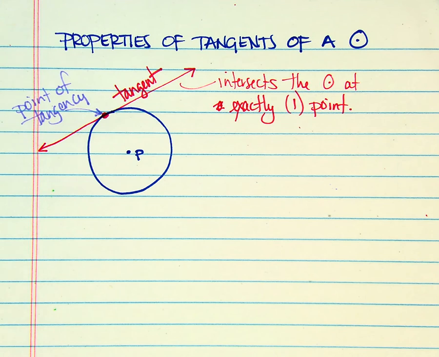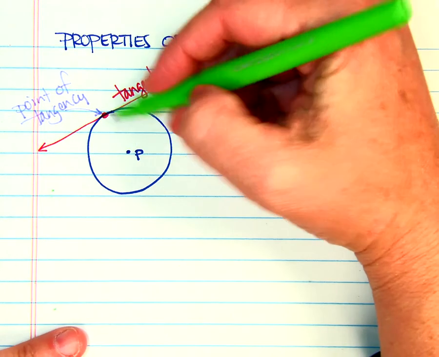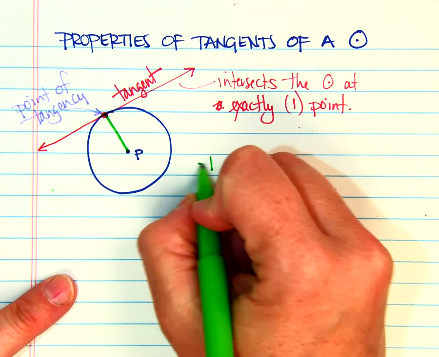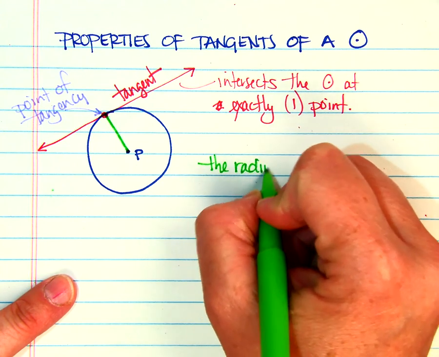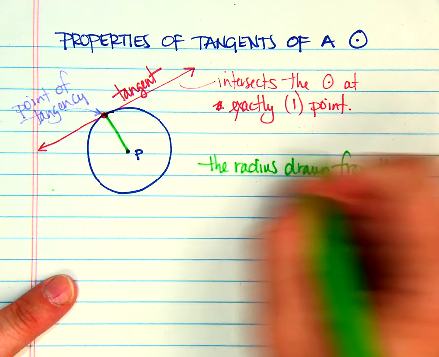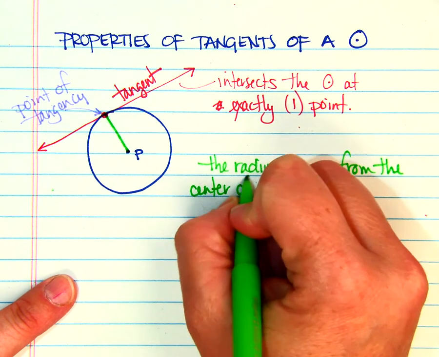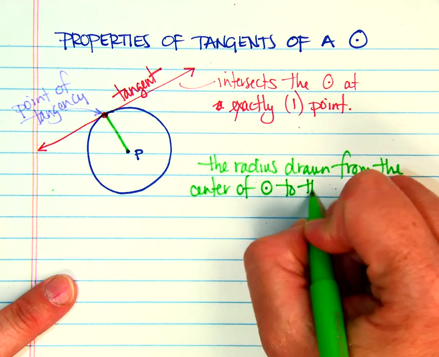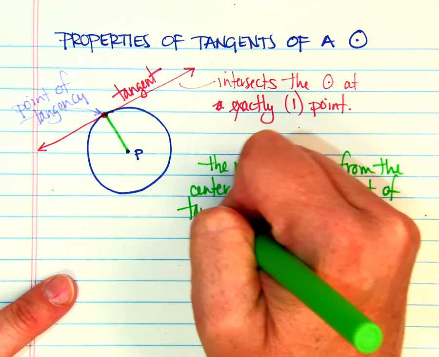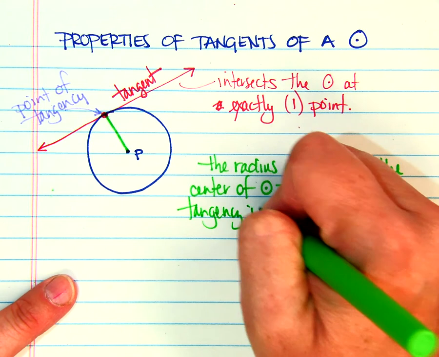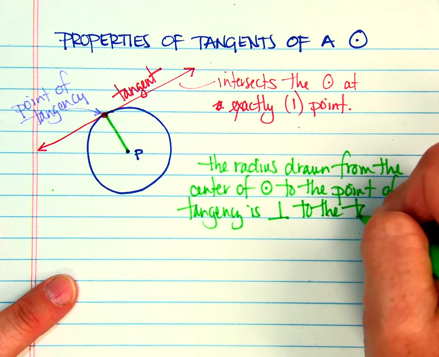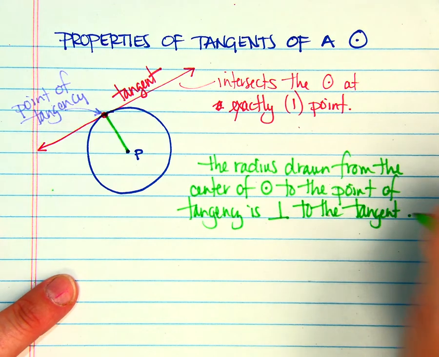Something else that is unique about that is that if we draw the radius from the point of tangency to the center of the circle, so the radius drawn from the center of the circle to the point of tangency is perpendicular to the tangent line, or perpendicular to the tangent.